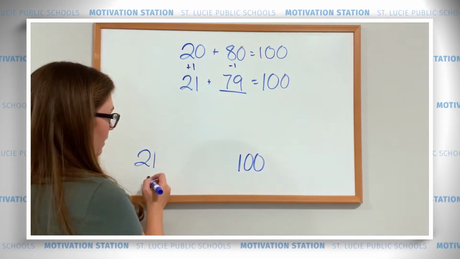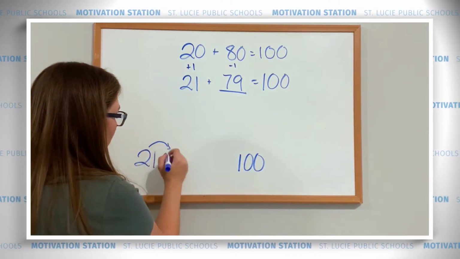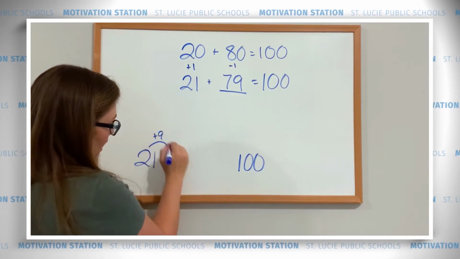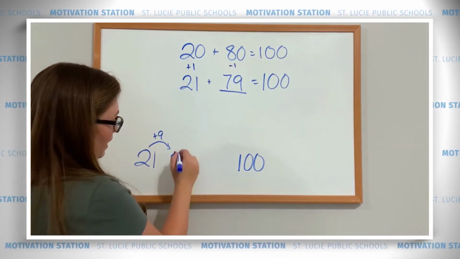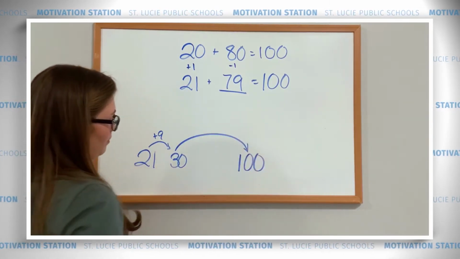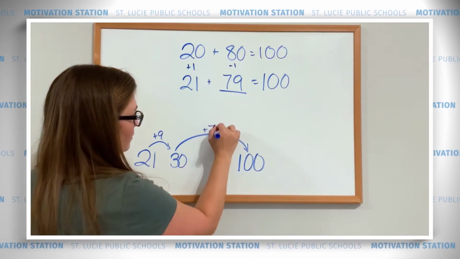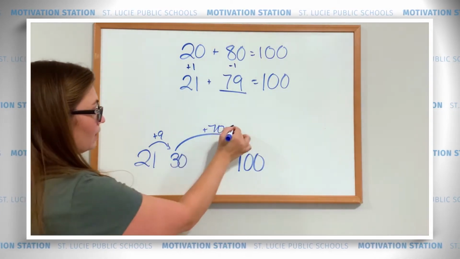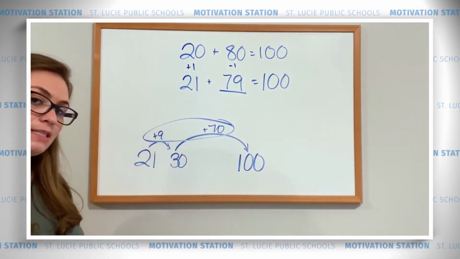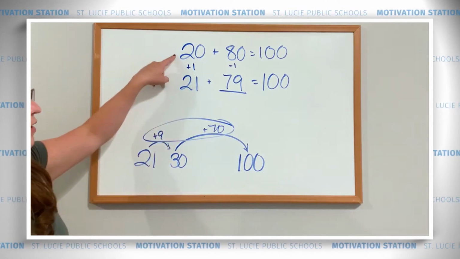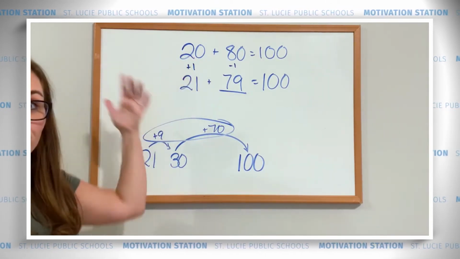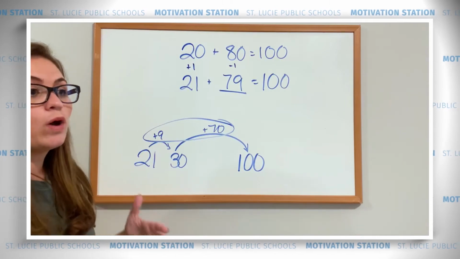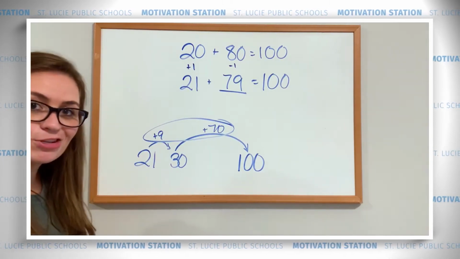Well, I know that I could do a little jump of plus 9 and get to 30. And then I could do a big jump of plus 70 to get to 100. And looky there, there's my 79. So if I know my tens, like 20 plus 80 or 50 plus 50, and it's just 1 up or 1 down, I have a trick I can use.